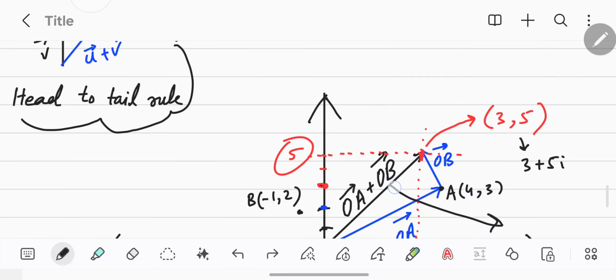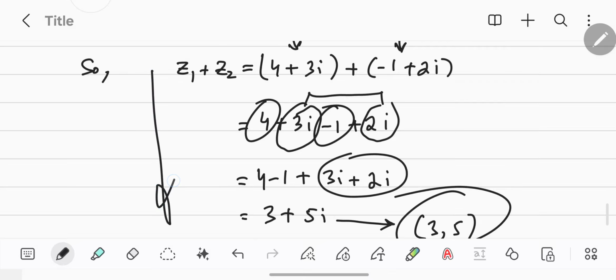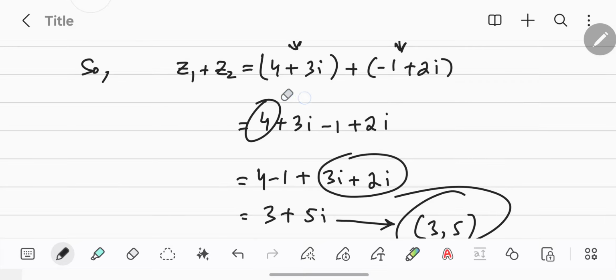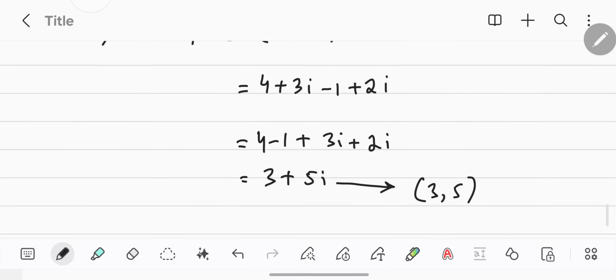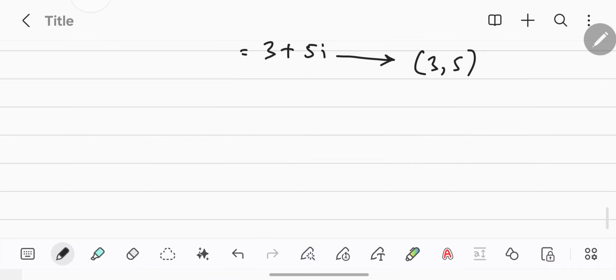Either you add them by using the diagram, or you add them by using the algebraic rules. You will get the same answer eventually. Okay? So this is the story about the addition of two vectors. Now we have another story about the flipping of a vector.